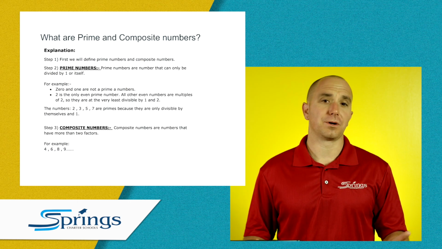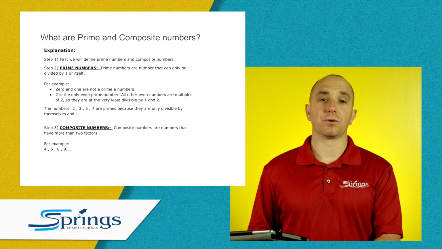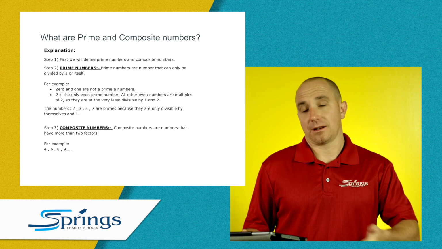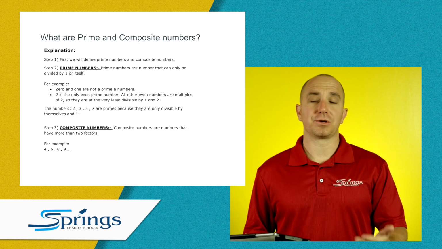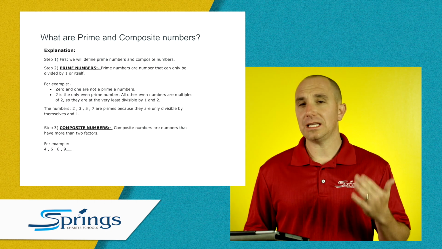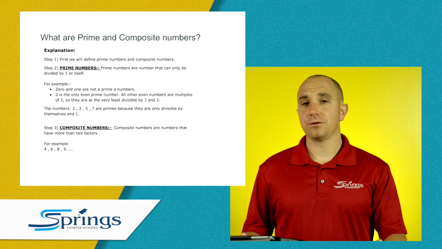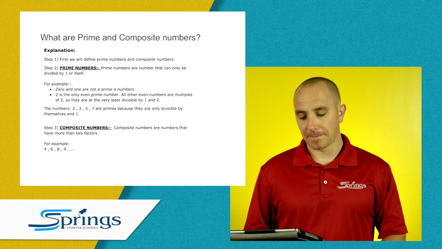All the other even numbers are at least divisible by 1 and 2, because 2 would go into every even number. So if you see an even number aside from 2, you know right away it's not going to be prime.